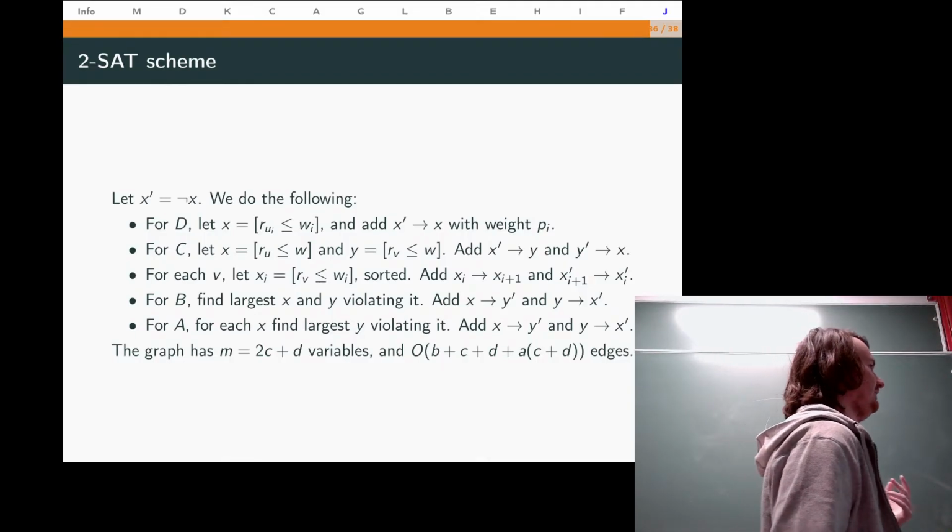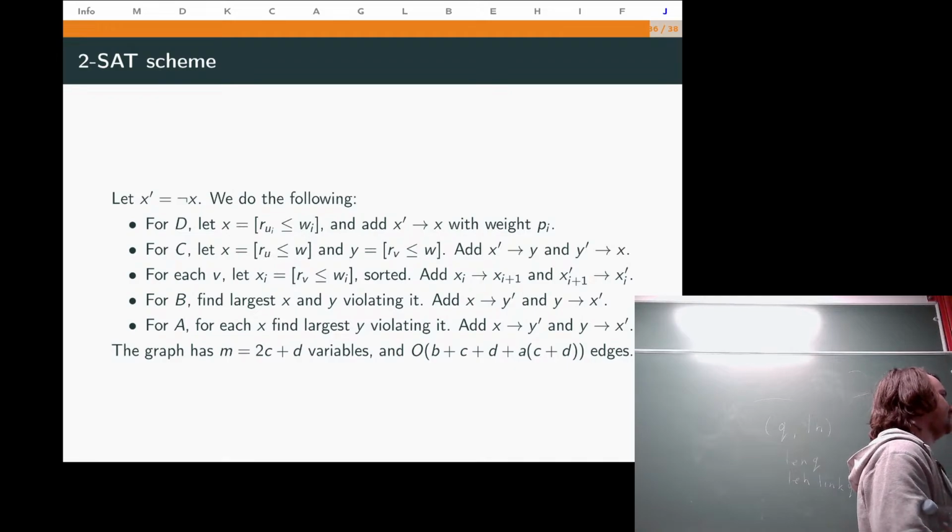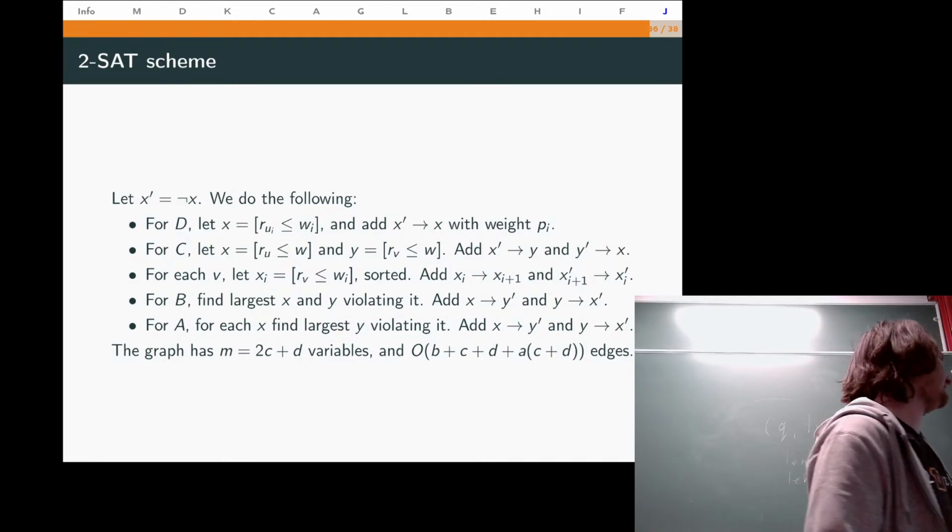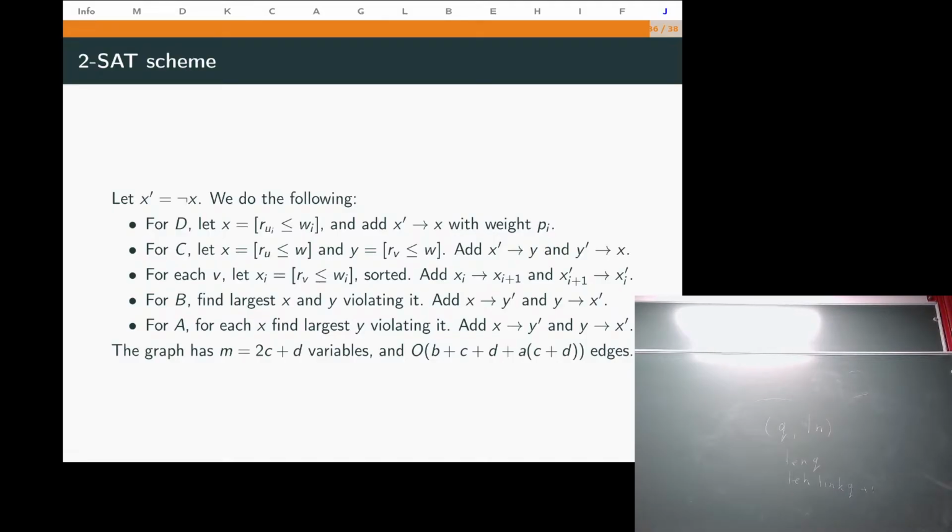So the next step that we need to do is to somehow reduce the number of edges in the graph. For this, we notice that when we are processing the constraint of type A, we go over all constraints of one of the circles that are affected by the constraint of type A, and we then find a pair constraint in the other circle.